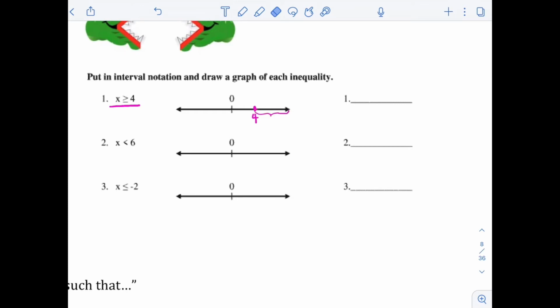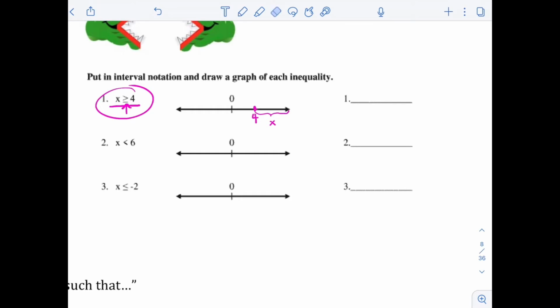Because it says or equal. That means x can be either greater than 4 or equal to 4. If they did not have the equal, then it could not be 4, but it can be anything greater than 4. But in this case, it's 4 or anything greater than 4. So that's going to be the x for the first example.